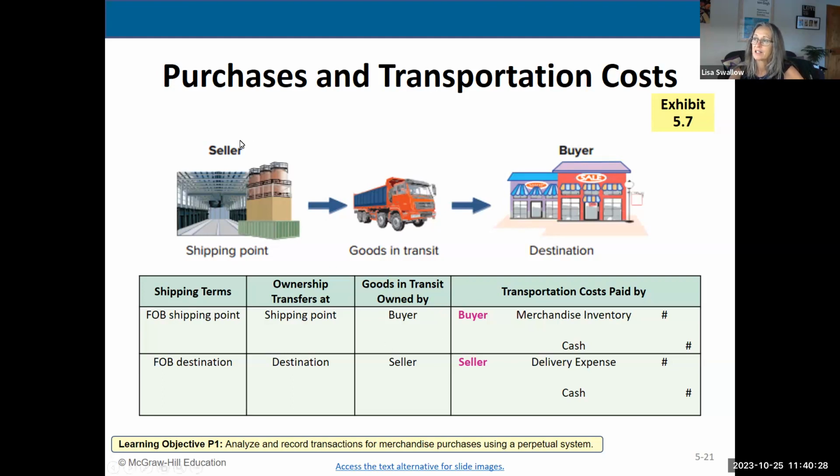In that case, Michael's isn't going to get a bill. It's not going to become a part of their inventory at all, and the shipper is going to have an expense. So free on board shipping point means the buyer pays. Free on board destination means the seller pays.